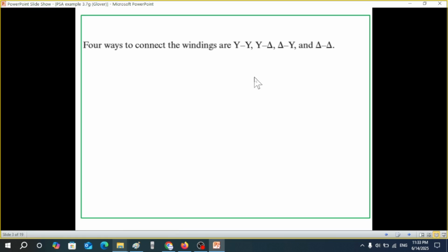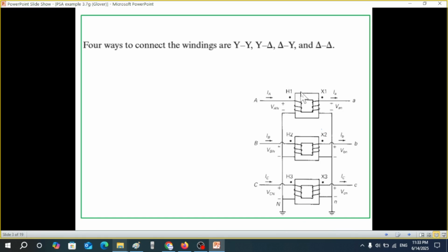Okay, now I'm sure you know the transformers can be connected Y-delta, delta-Y, and delta-delta. Now these are the three transformers. They have been connected in Y to Y, but all these four types can be connected.